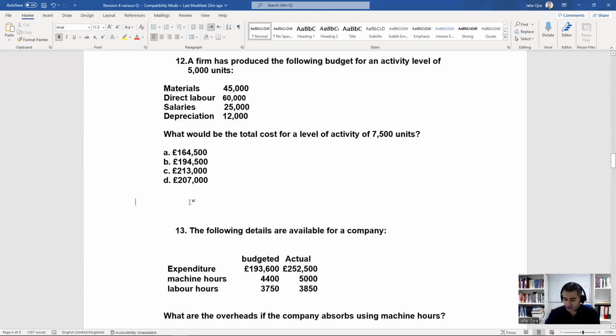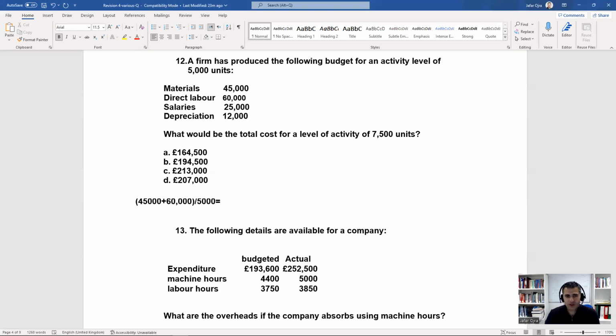So we have 45,000 plus 60,000, and then you divide it by 5,000 units.